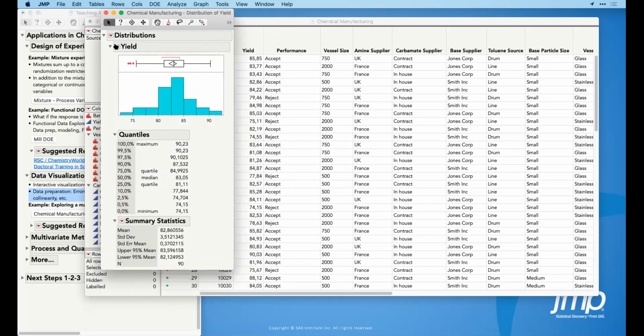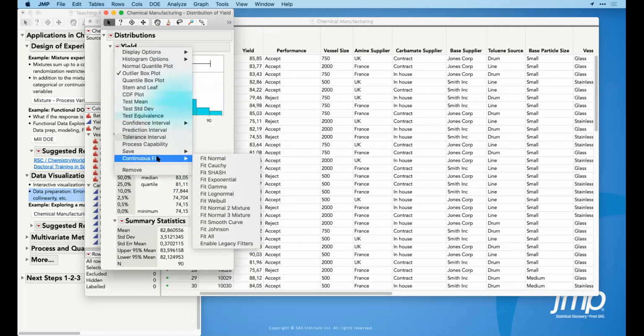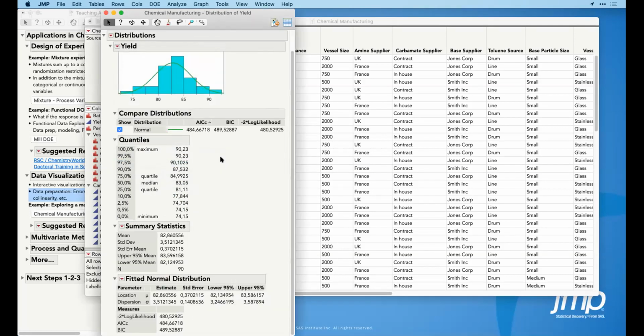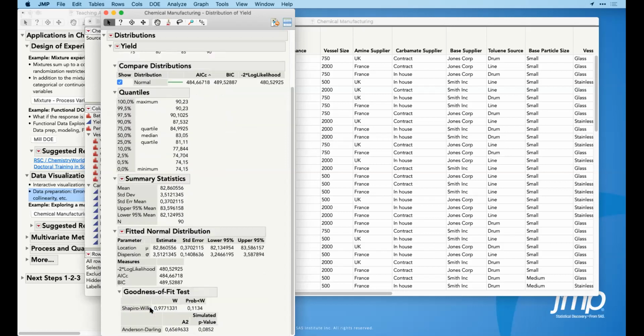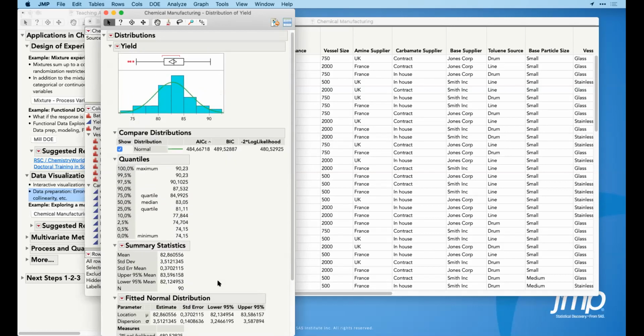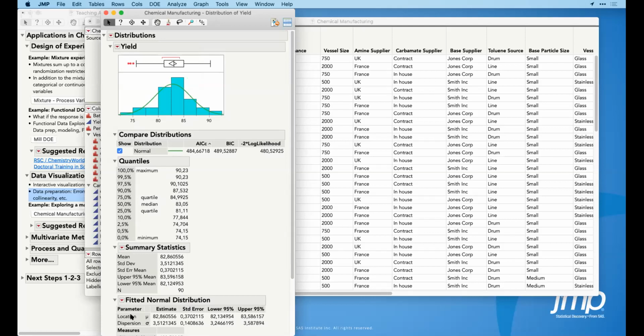Or I can fit a normal distribution to my data and see if this is a good fit or not. Yeah, so here I have goodness of fit, another red triangle. Yeah, let me remove this again.